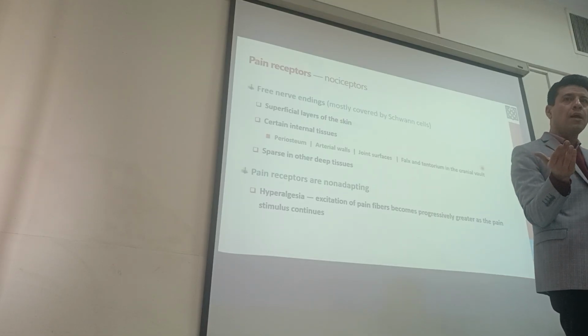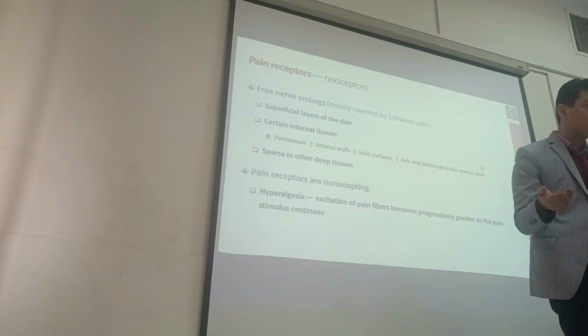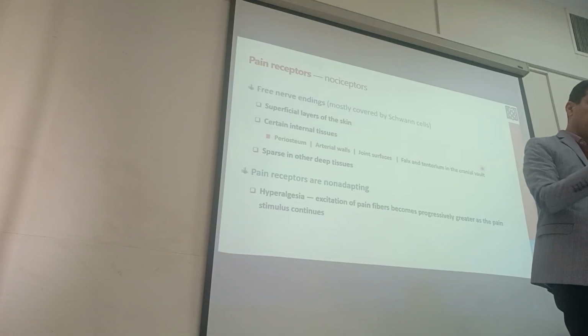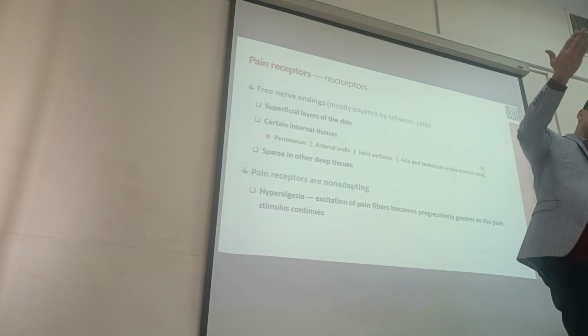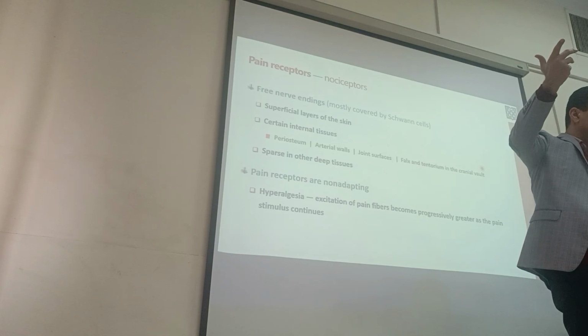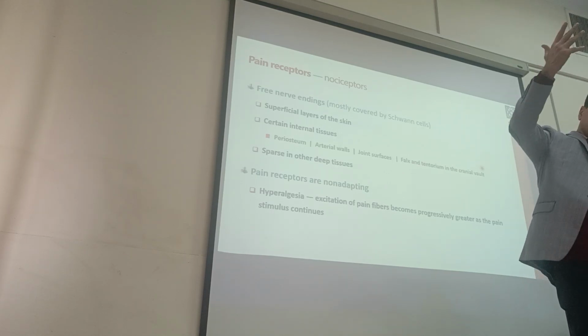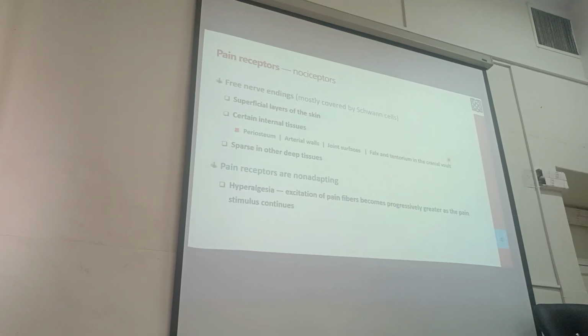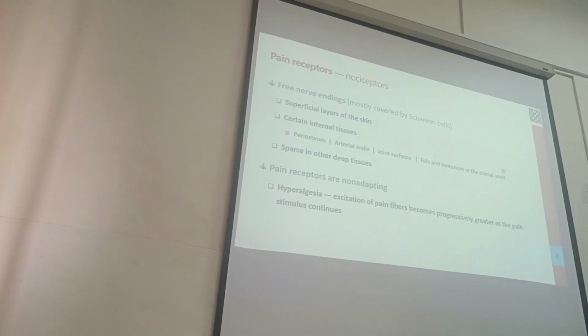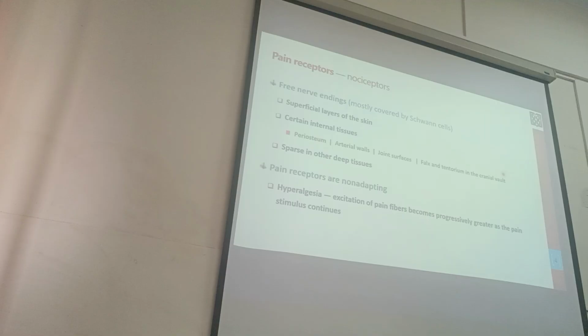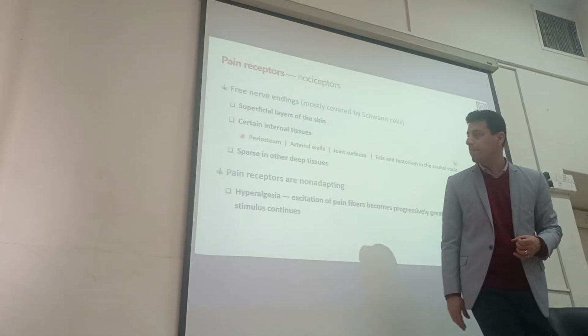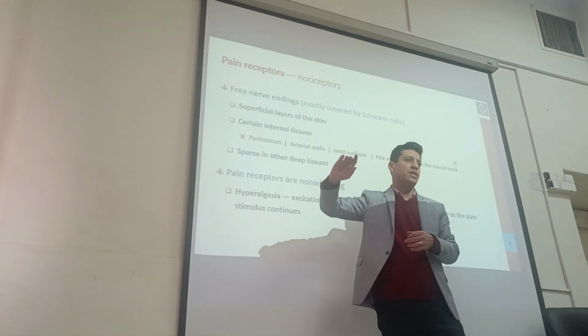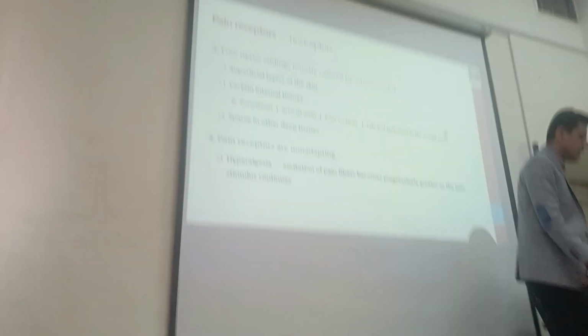Slowly. Do we have adaptation? Sometimes no. Right? Instead of adaptation, we have sensitization. We call this hyperalgesia. Okay? So pain receptors may be non-adaptive. Right? So in the next session, I will continue from the definition of hyperalgesia. Okay?